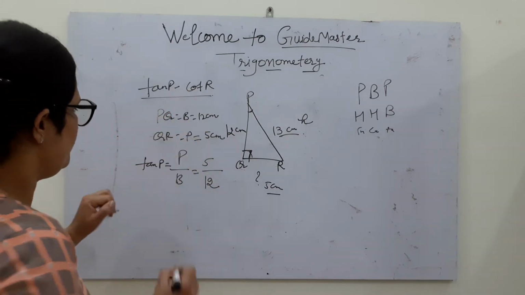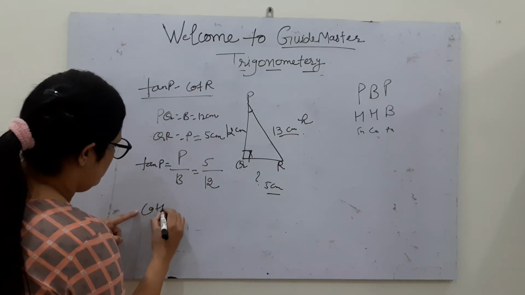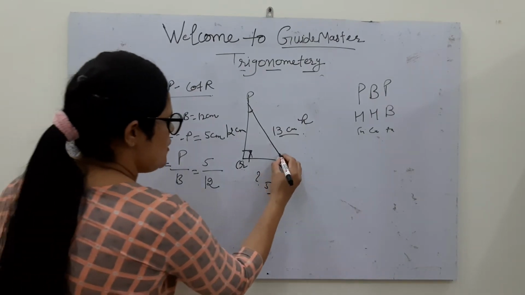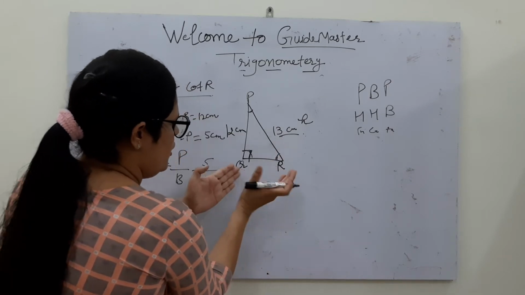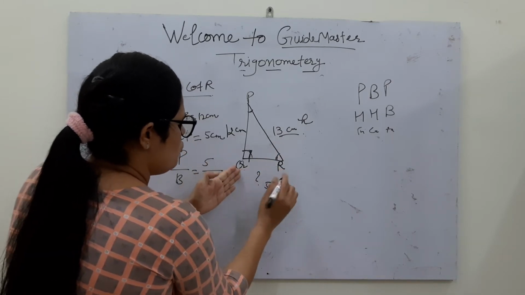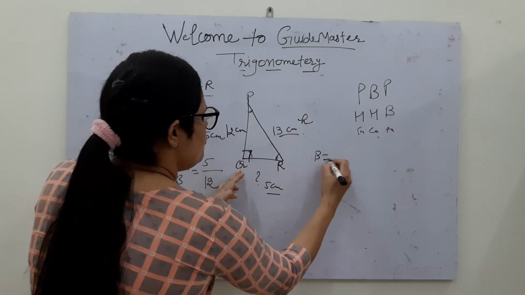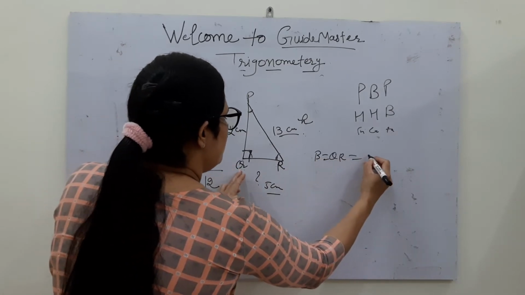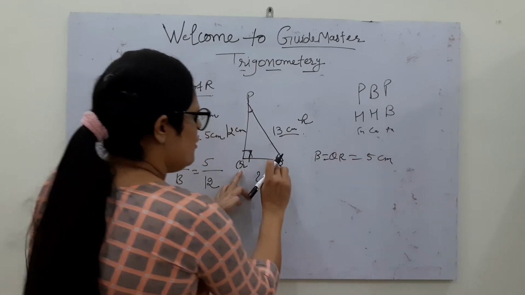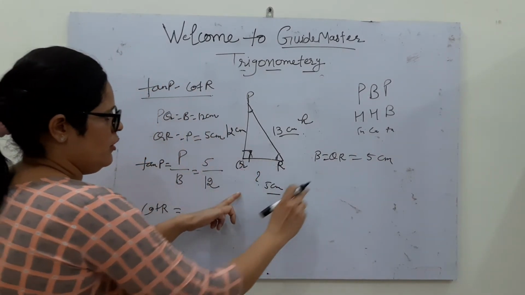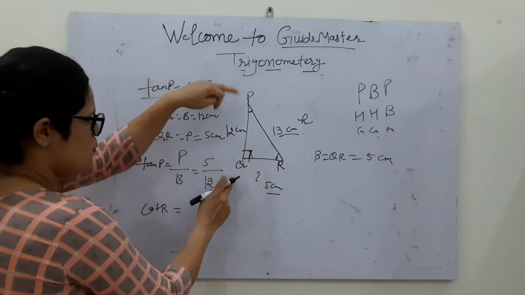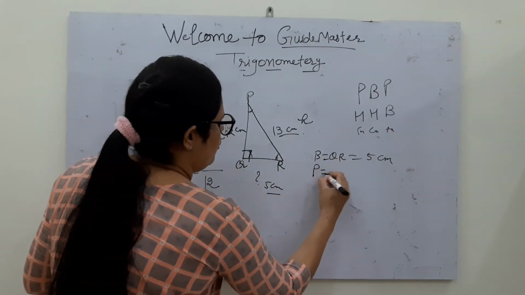Now we have to calculate cot R. Considering this angle R, the angle is made on QR, so the base is QR, which is 5 centimeter. For the trigonometric ratios of angle R, PQ will become the perpendicular.